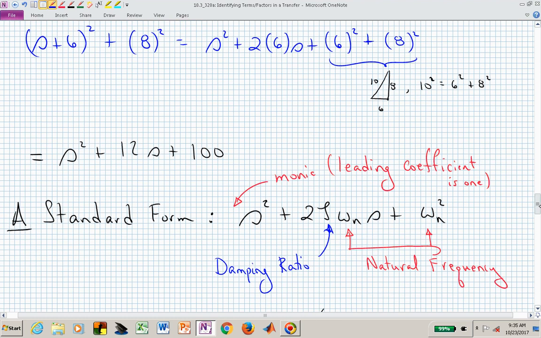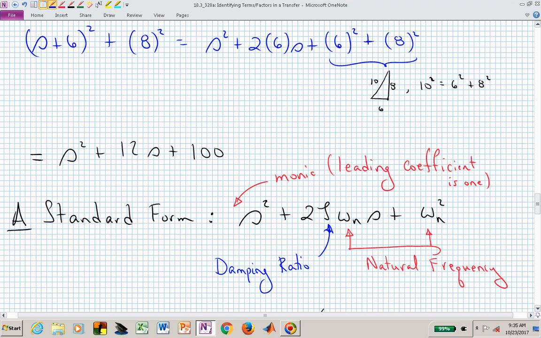We actually are generalizing that so that we can move off the imaginary axis. Our poles are not always on the imaginary axis, and we're identifying omega sub n and zeta in this quadratic form when we've normalized the leading coefficient to have a value of 1, or we've made that a monic polynomial.